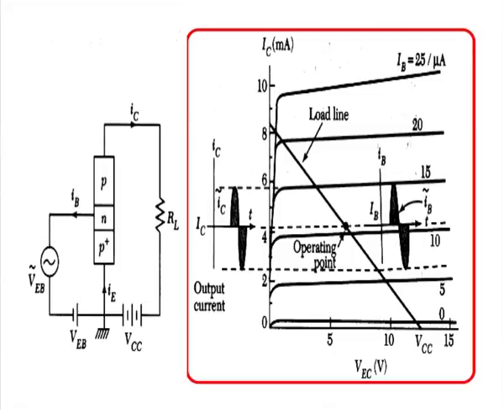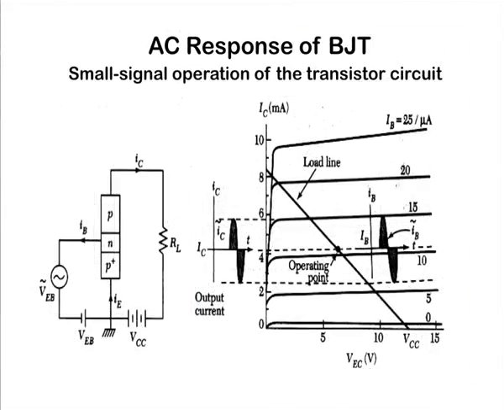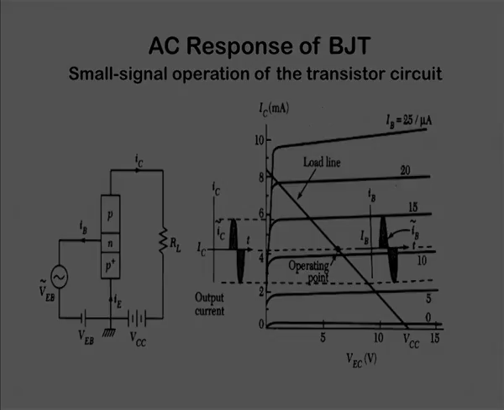We can extrapolate these lines and see our collector current. The collector current is changing in milliampere. Our input signal is very weak, with current in microampere, but our output current is changing in milliampere. So, we can use this configuration for amplification purposes.